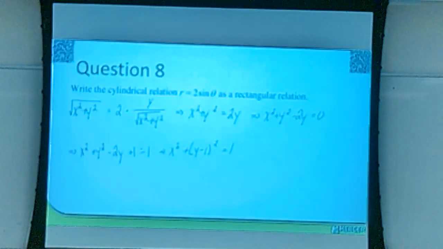So it extends infinitely along the z-axis, but it's centered at 0, 1 on the xy plane with radius 1. So all of your cross sections are radius 1 circles centered at 0, 1. That would be what this surface actually represents, because we're dealing with 3D.